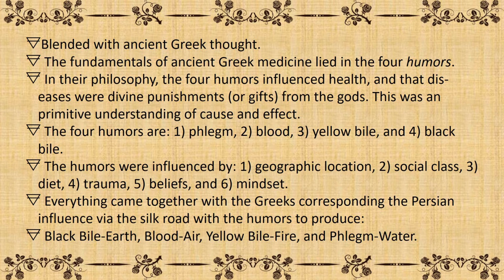Now, the four humors in the Greek medical system specifically, at the time of all this coming together, were phlegm, blood, yellow bile, and black bile. So if you stop and think about it a moment, what you see is that the four humors are different kinds of liquid, colors of liquid, states of liquid that the human body excretes at various points for various reasons.